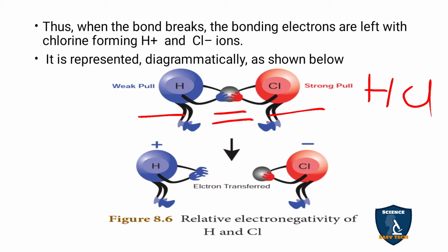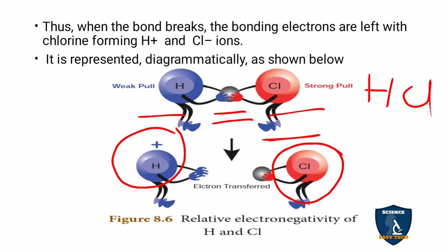Because chlorine has high electronegativity compared to hydrogen, hydrogen loses electrons and chlorine gains electrons. So chlorine gets the negative charge and hydrogen the positive charge.